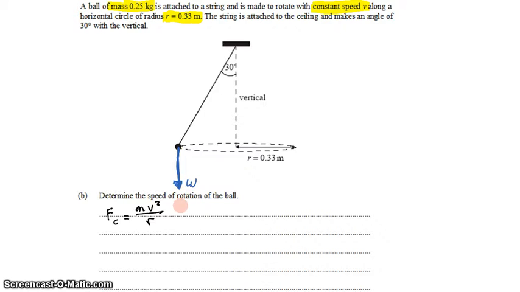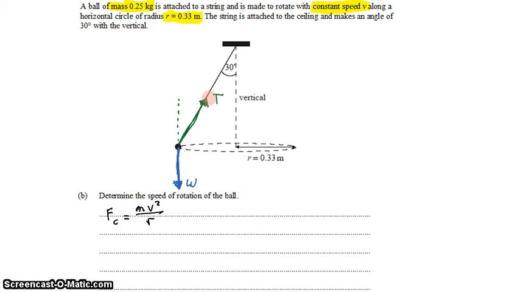But it doesn't fall down, it stays level, which means the tension in the string is supporting the weight. The tension is always along the length of the string, so the vertical part of the tension has to equal the weight, otherwise the ball would be moving up or down.